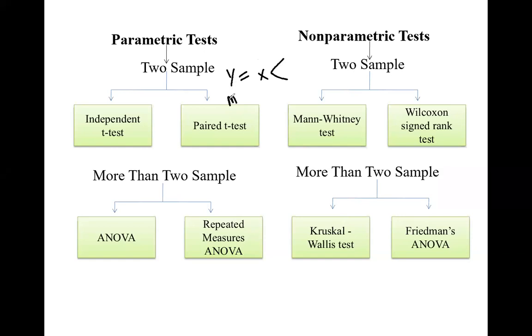Y should be metric data, and the independent variable should be non-metric, like male and female. Now my simple hypothesis is a statement: there is gender discrimination in the private sector, and I'm saying females are getting lower salary than male employees.